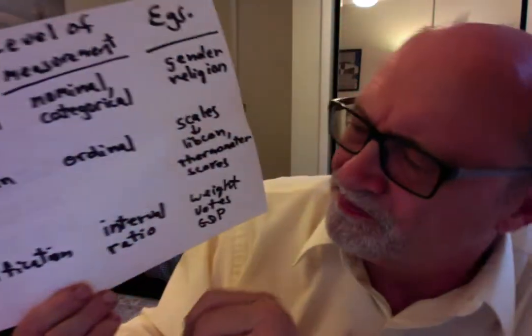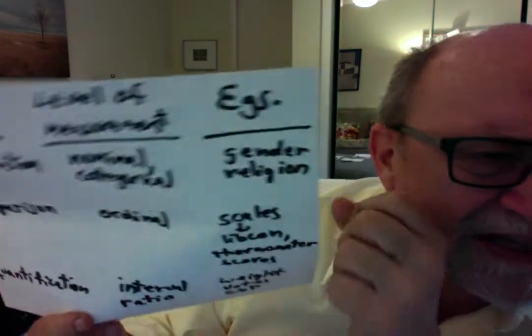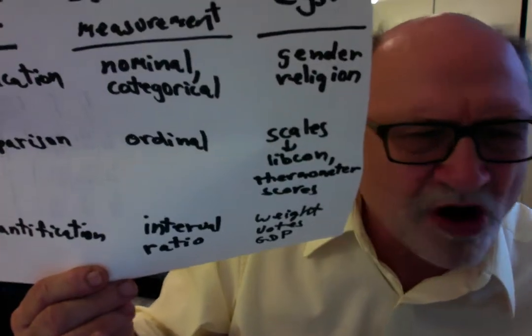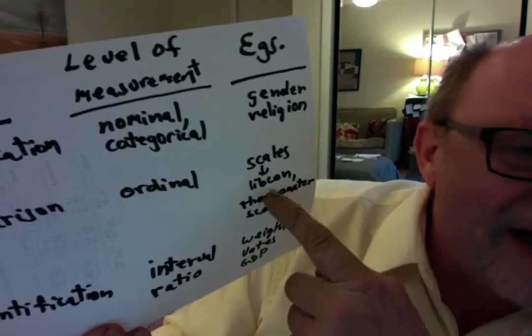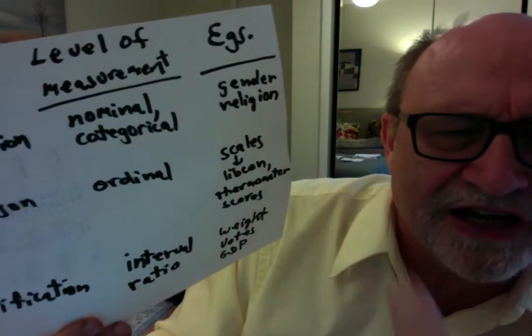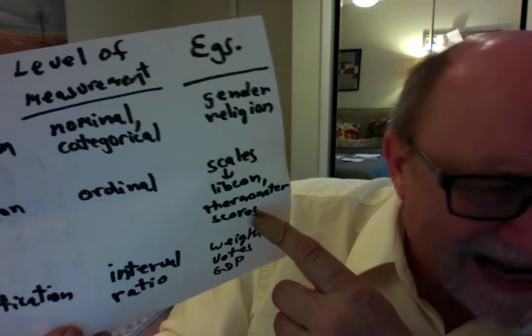Some other examples I put down here. LibCon, that we measured in class. Remember in our first computer assignment, we measured liberal and conservative along a scale from 1 to 7, a common way that it's measured, say, in the University of Michigan's American National Election Study. We used it in our first computer assignment. Then the thermometer scales.